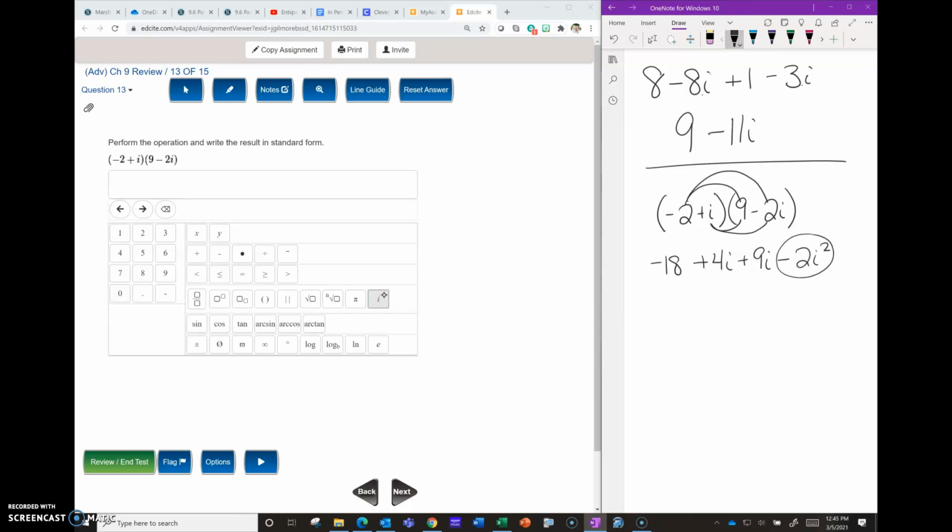Anytime you have an i squared, that's a negative 1. So negative 2 times negative 1 is actually a positive 2. Negative 18 plus 2 is negative 16. 4i and 9i is 13i. So negative 16, plus 13i.